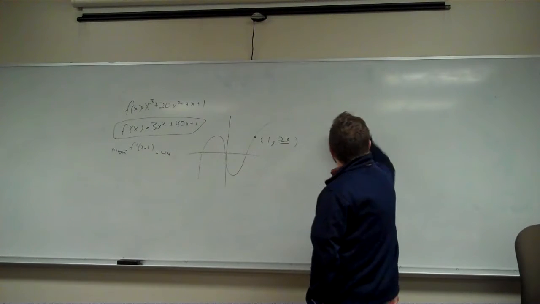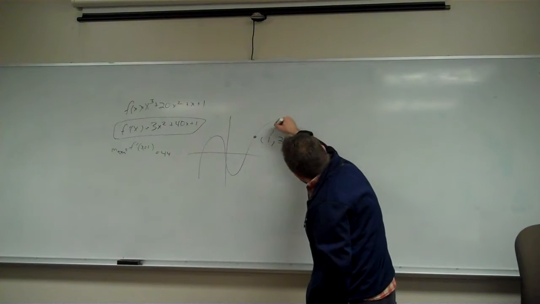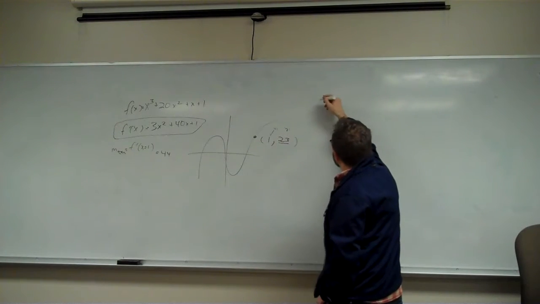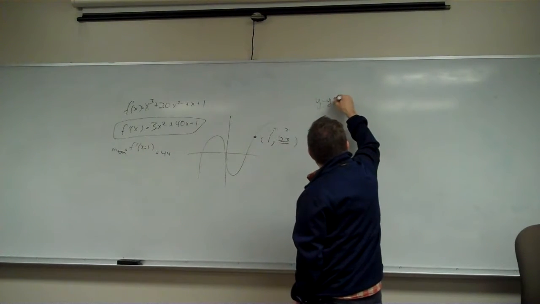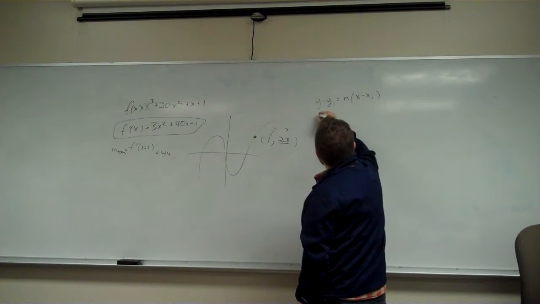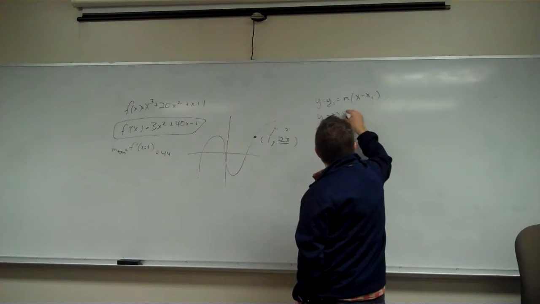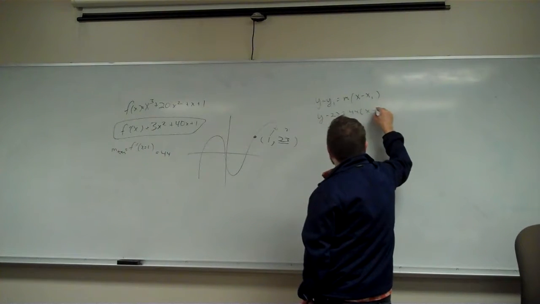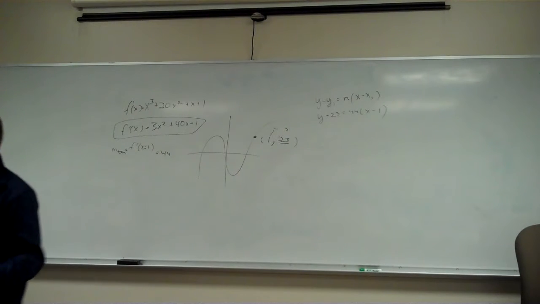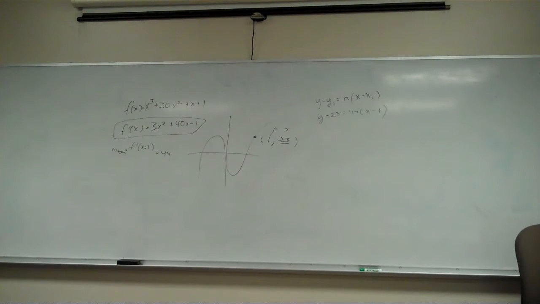Alright, so if this is x1 and this is y1, then our equation is y minus y1 equals our slope of the tangent line times x minus x1. So y minus 23 equals 44 times x minus 1. And then you could go ahead and simplify to your heart's content, as much or as little as you want.